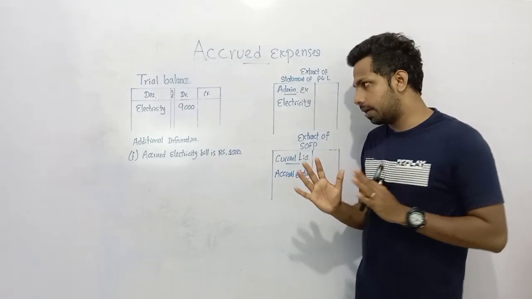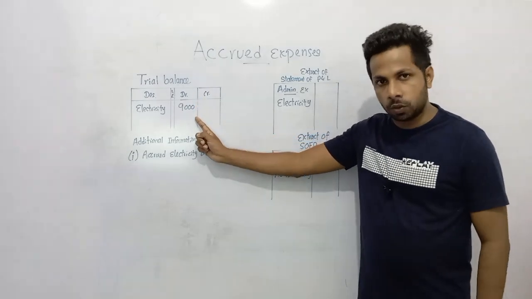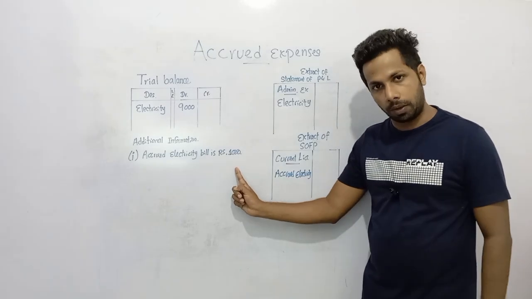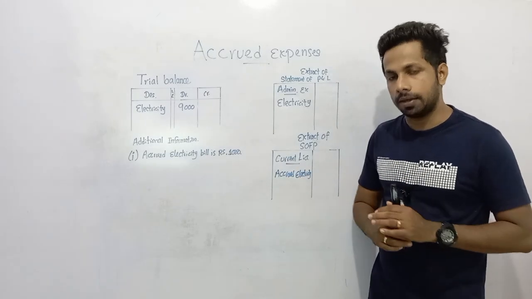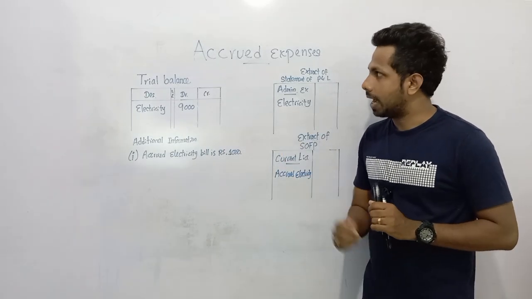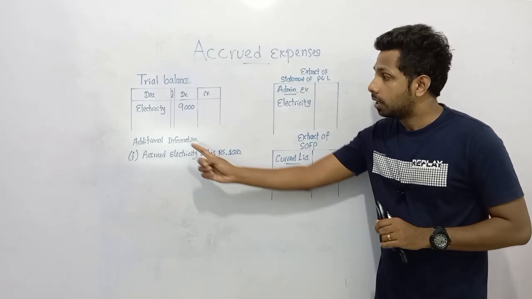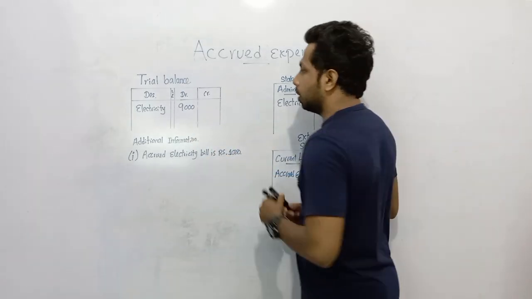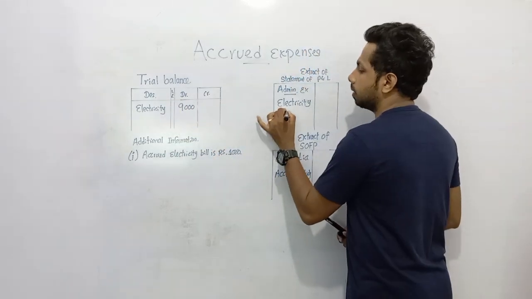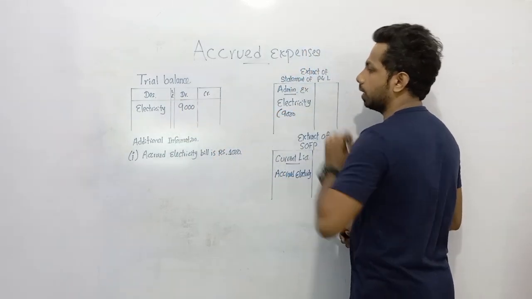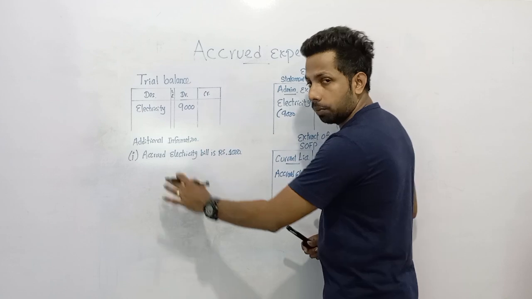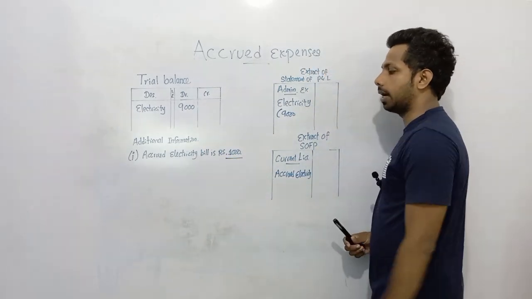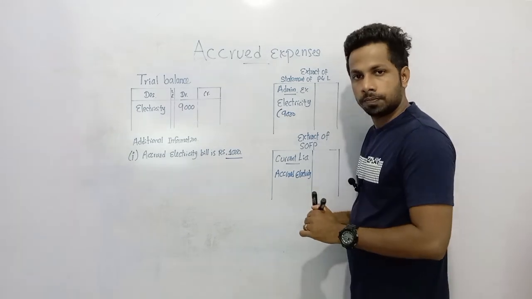Okay, dear children, in the trial balance, you can see the paid amount. Under the additional information, you can see the accrued amount, right? So let's directly talk about the adjustment for the accrued expense. In the trial balance there is 9,000, but under additional information you can see an accrued amount of 1,000.